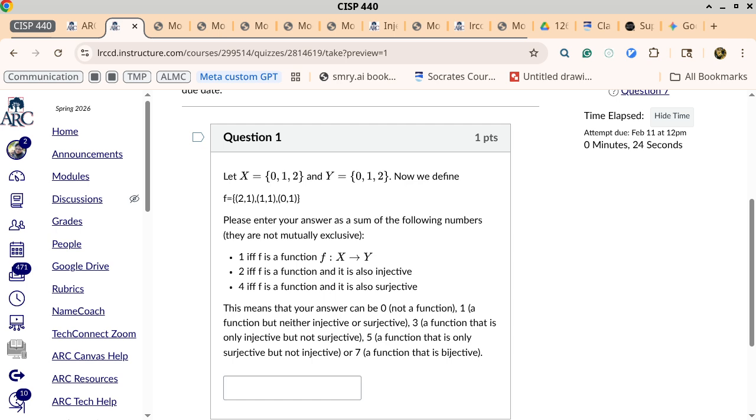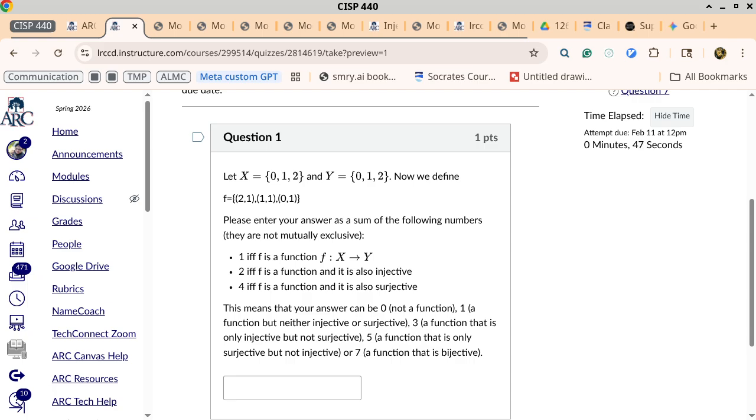Enter your answer as a sum of the following numbers. They're not mutually exclusive, which means it can be zero if it is not even a function. It can be a one if it is only a function, but it is not injective nor surjective. It can be a seven if it is a bijection, basically.